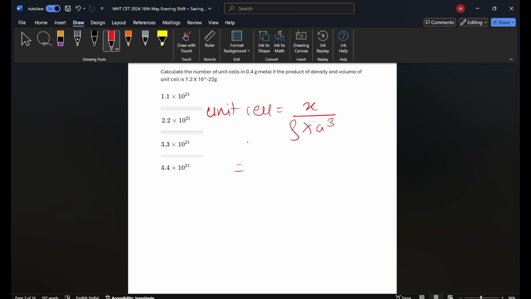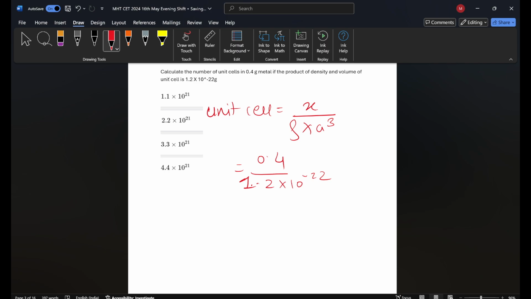And always I tell you, the product of this will be given, as in this question it is given as 1.2 into 10 raised to power 22, and it is 0.4 here. So this 10 raised to power minus 22 will go up.